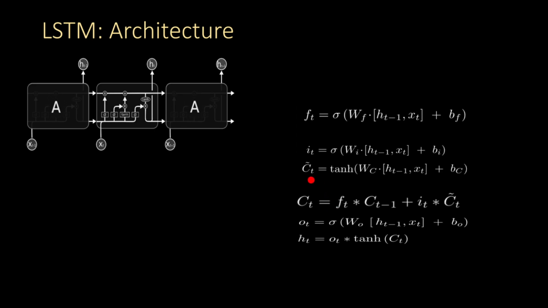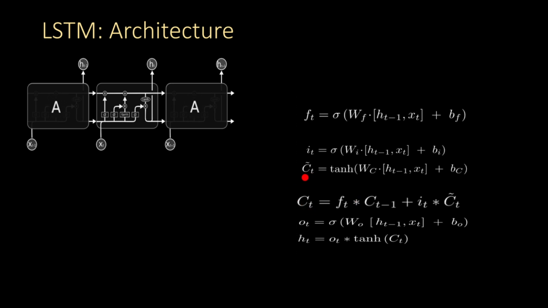Basically, it's a tanh activation function applied to its own weights and h_{t-1} as well as x_t, the hidden state of the previous time step as well as the present input. It obviously also has its own biases. The purpose of this is to come up with a candidate memory cell.